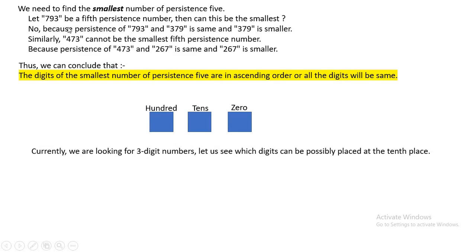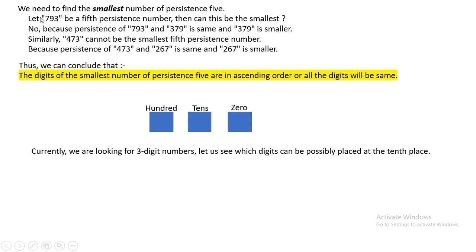Now we need to find the smallest number of persistence 5. We have to focus on this word smallest. Let us say if we get 793 as a persistence 5 number, then can this be the smallest?